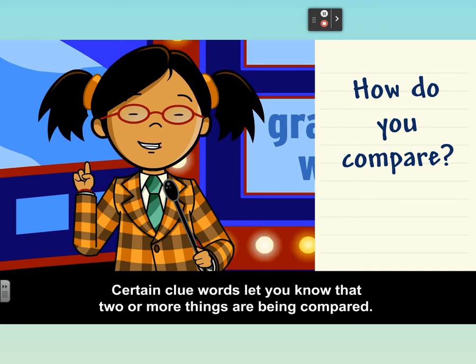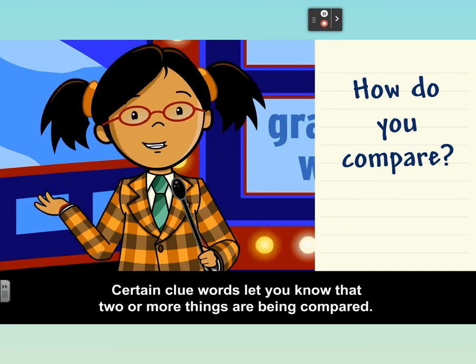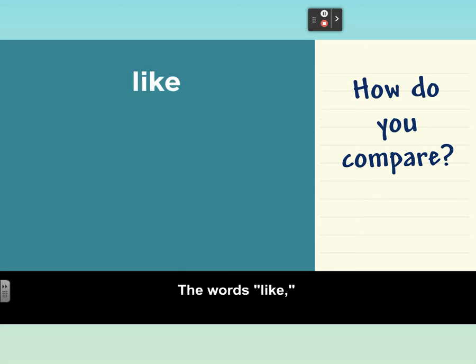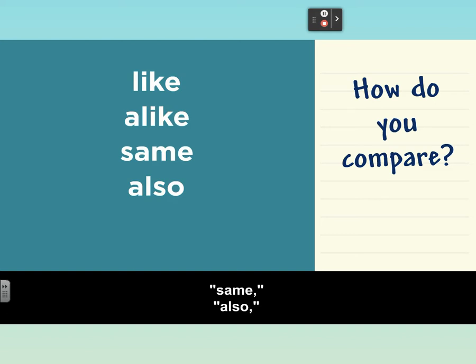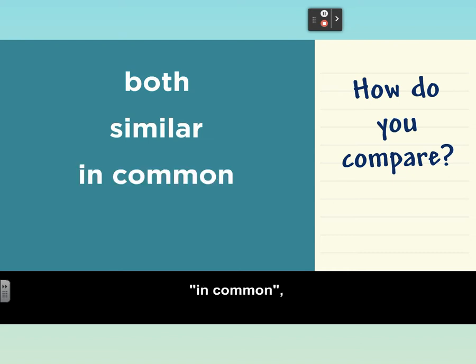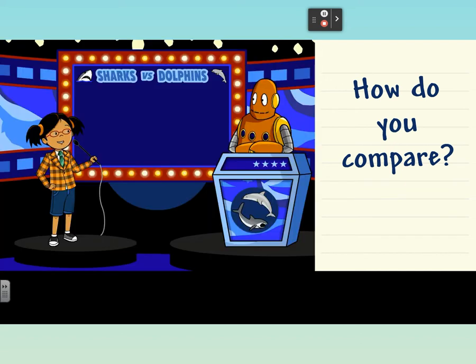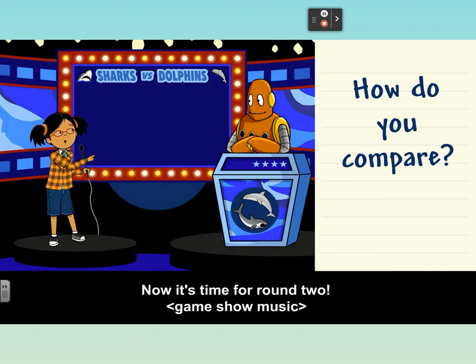Certain clue words let you know that two or more things are being compared. The words like, alike, same, also, too, both, similar, in common, and the same as can signal comparisons.